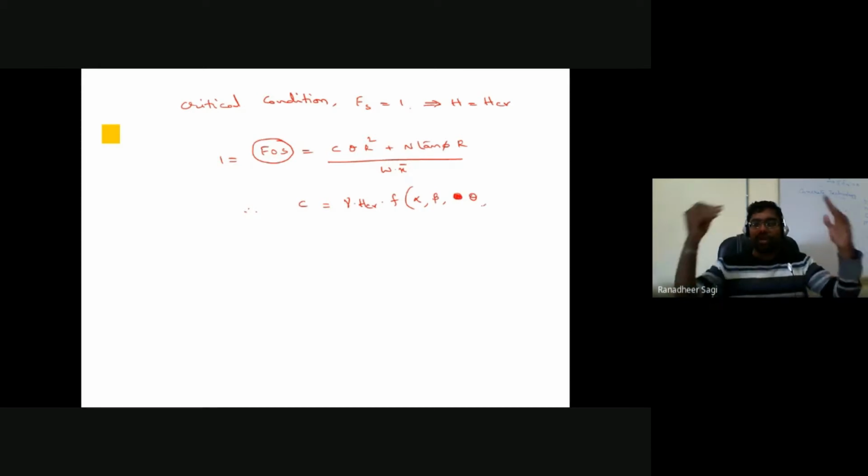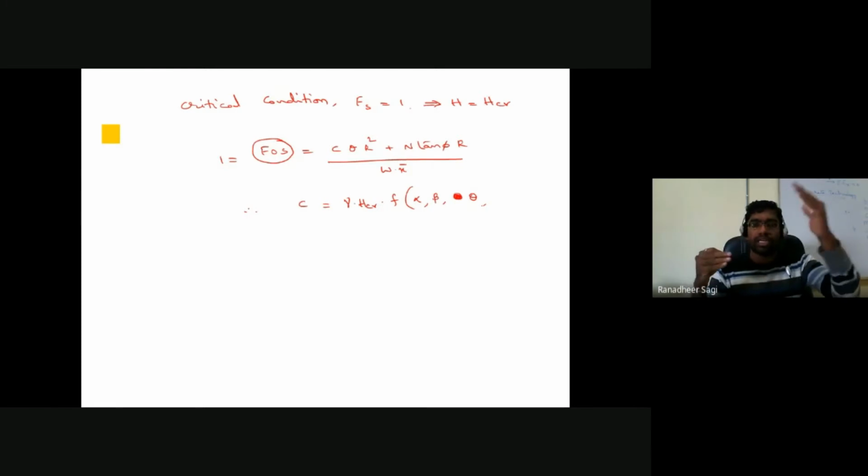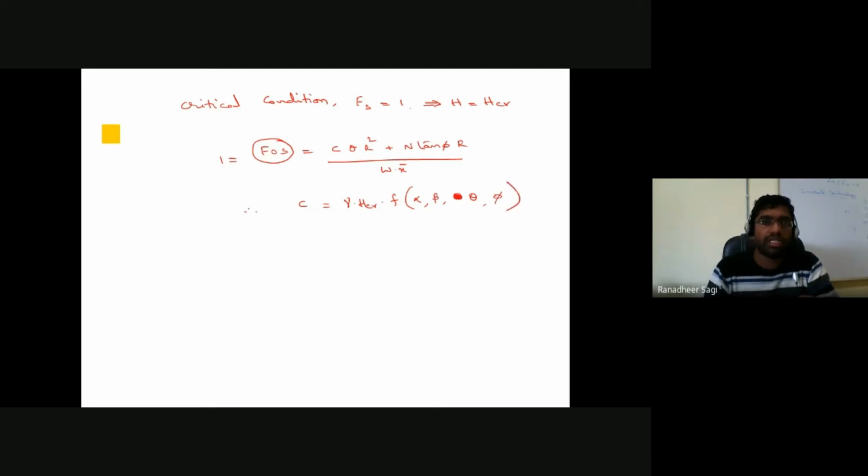It is the angle subtended at the center, which is defining the failure surface. Okay, and it also depends on the angle of shearing resistance of that particular soil. So to further rewrite it, this can be represented as c by gamma into h critical, which is going to be a function of alpha, beta, theta, and phi.